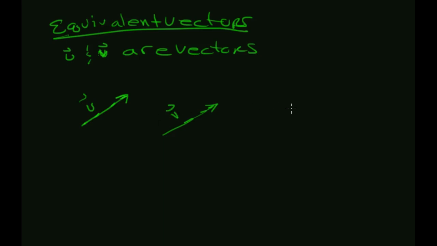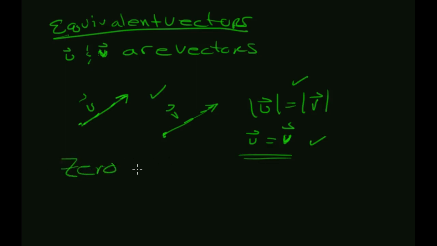So they both have the same direction and the magnitude of U is equal to the magnitude of V. Then we say that the vectors are equal. One thing that should be noted is that they are not in the same space. V and U start at very different places. They just go in the same direction for the same distance. Then they're equivalent vectors.